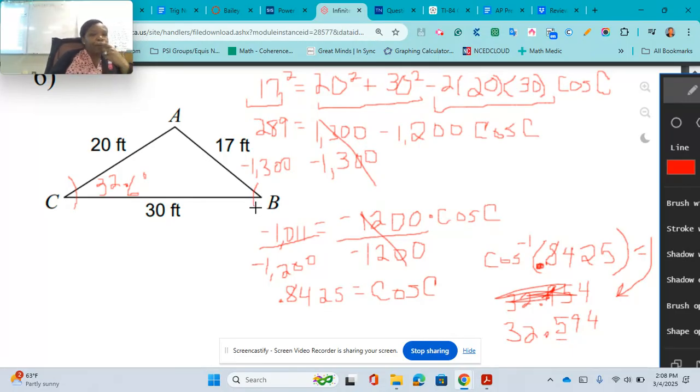We need to set up our proportion. On the left side, what do we have that has an angle and a side length? C. See, I love y'all talking. Y'all talking that math to me. Okay? I like it. All right. So that is 17 over what? Sine of 32.6.